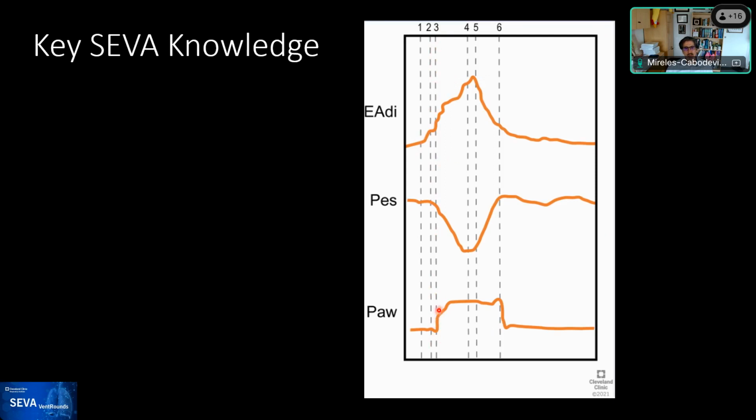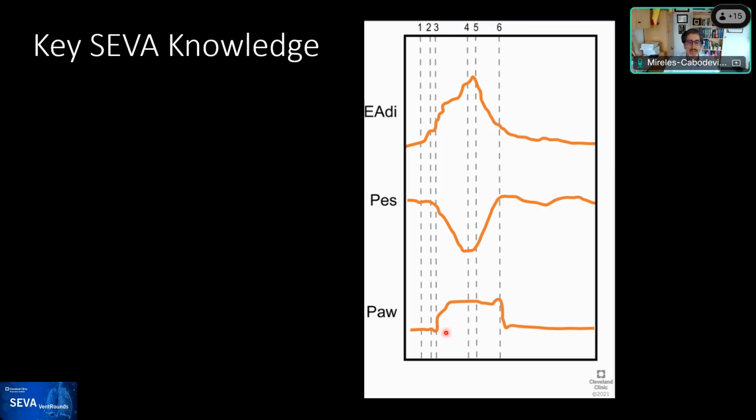From the electrical activity, to the pleural pressure dropping, to the airway, there's always some lag, which is expected. Here it's a little bit exaggerated so you can see it, but it can be even closer than that.